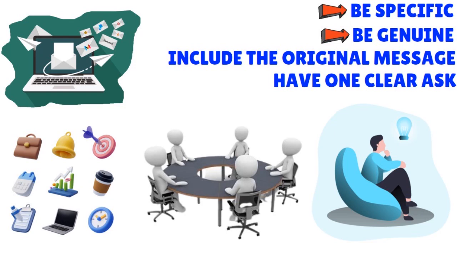And you want to be genuine. Follow-up emails are pretty predictable and formulaic, but that doesn't mean that you can't be genuine in your communication. So what you want to do is stay away from using generic, empty messaging. Actually reflect on the specific item you want to mention, again, to jog their memory. And if it permits, keep a conversational tone.